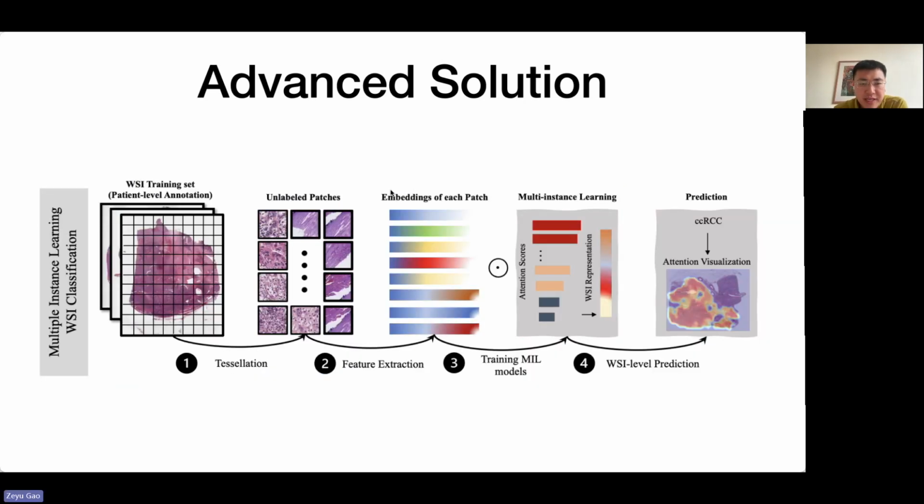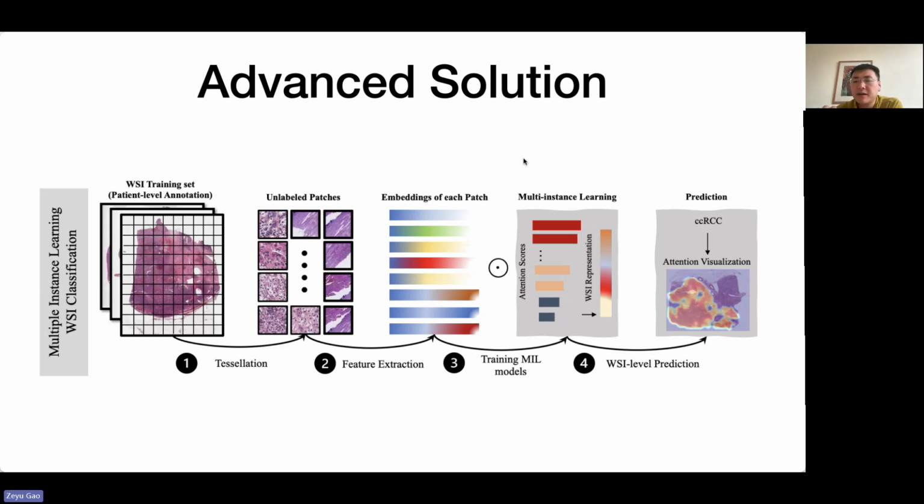So the way to do it is, instead of having region level annotation, we already have the slide level annotation. We still do the tessellation. We have thousands, or tens of thousands, of patches from each slide, and we embed each patch into a vector, or we call it an embedding, and then we train a machine learning framework to basically assign an attention score to each of the patch embeddings.